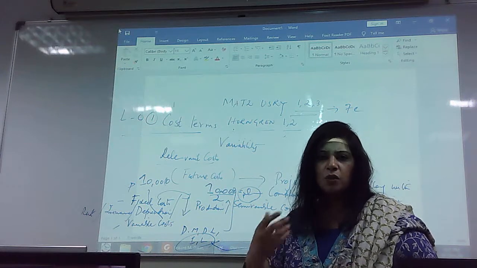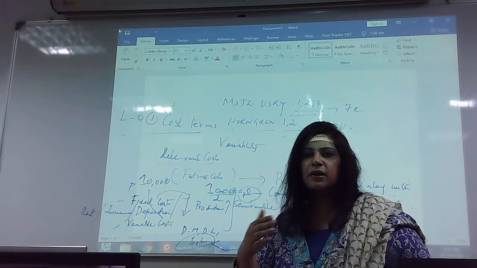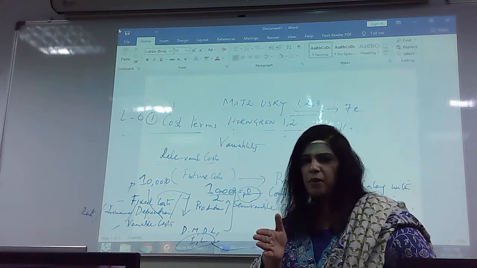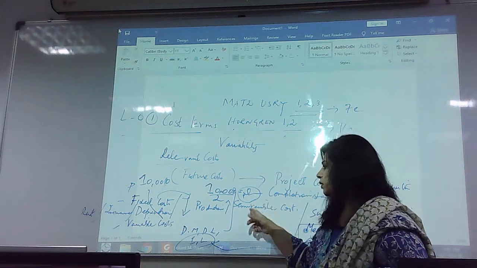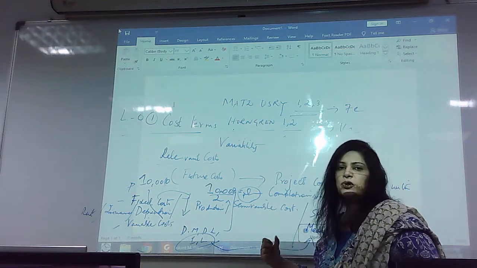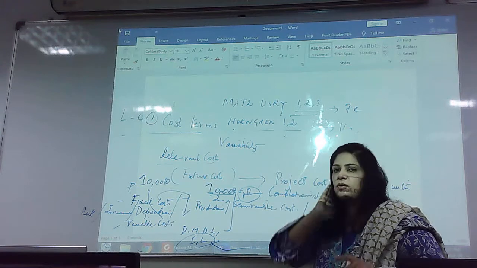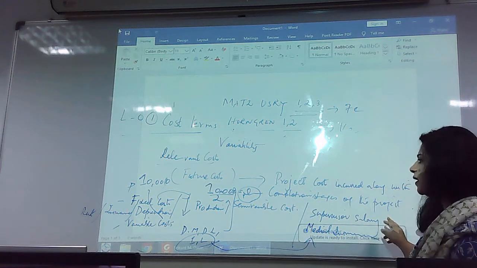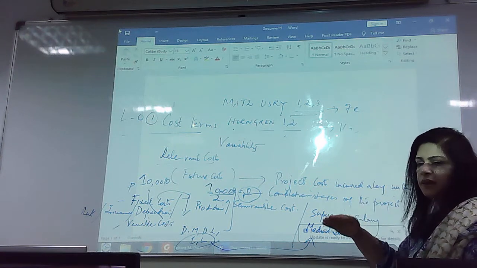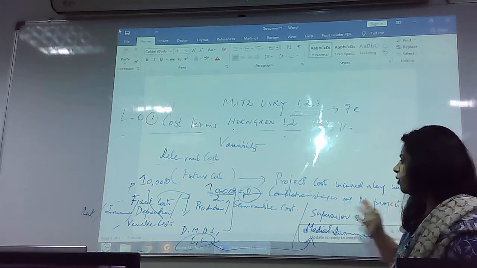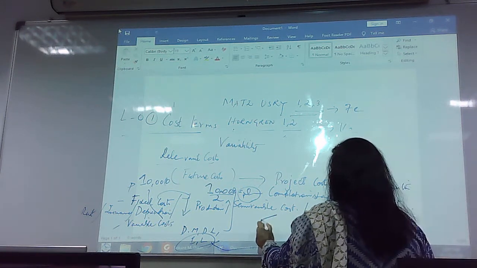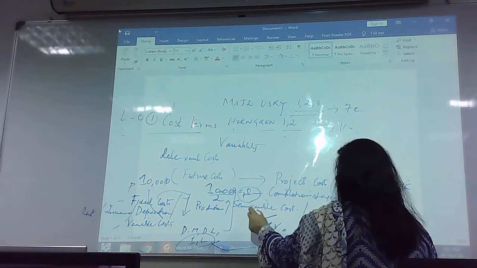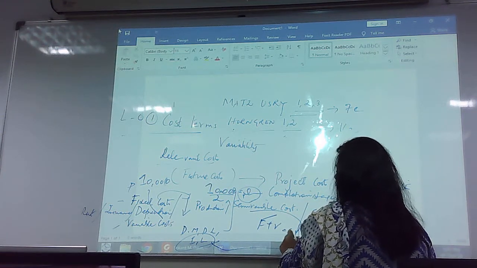Whatever additional work he does and gets paid by the hour for that time would be the variable portion. So overtime would be variable, but if he is getting paid per month, that would be fixed. So when you have fixed plus variable, that becomes semi-variable, okay?